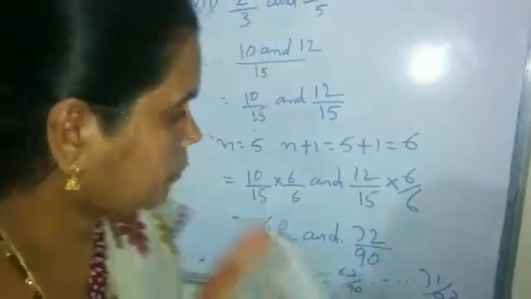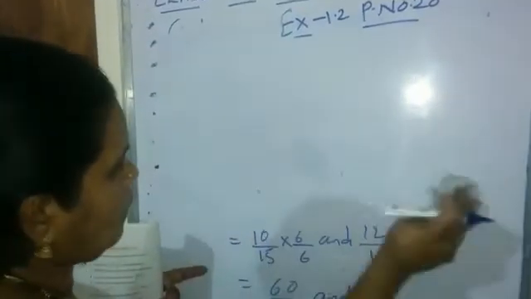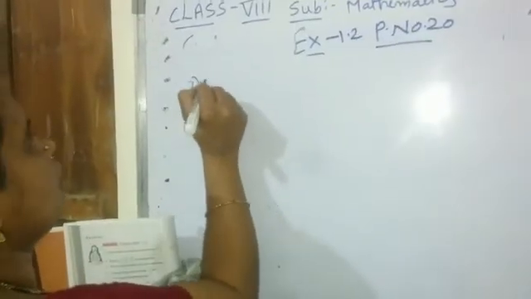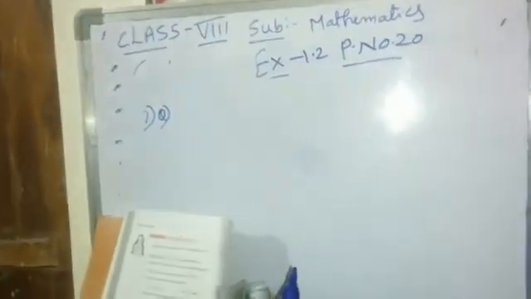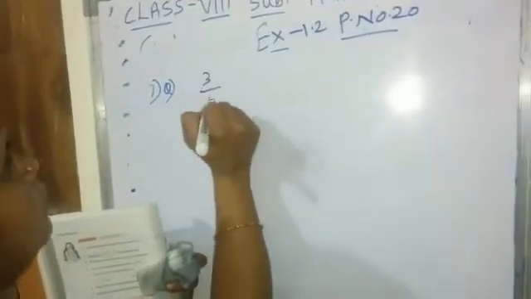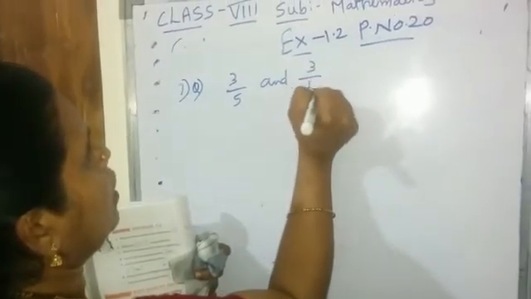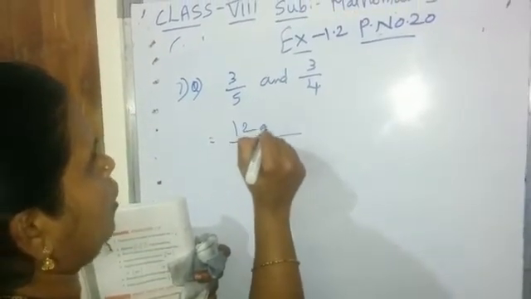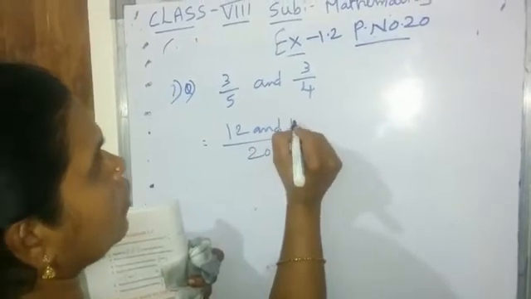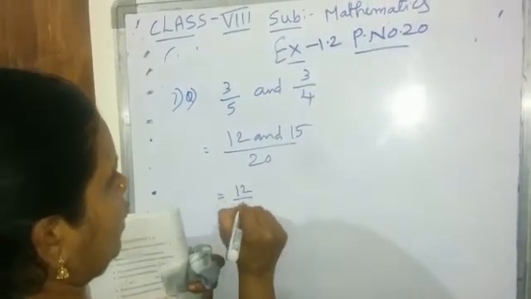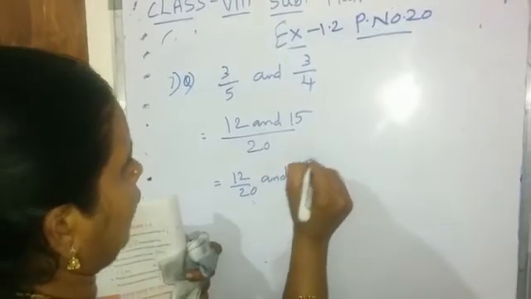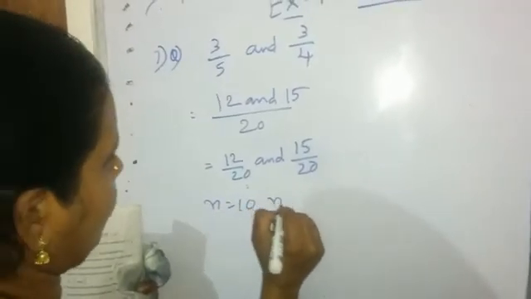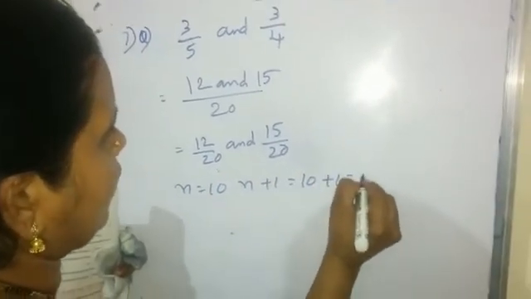Now the seventh question: 3 by 5 and 3 by 4. Take the LCM: 5 fours are 20, so 3 times 4 is 12, and 4 fives are 20, so 3 times 5 is 15. It becomes 12 by 20 and 15 by 20. The question is asking for 10 rational numbers, so n is equal to 10 and n plus 1 is equal to 11.